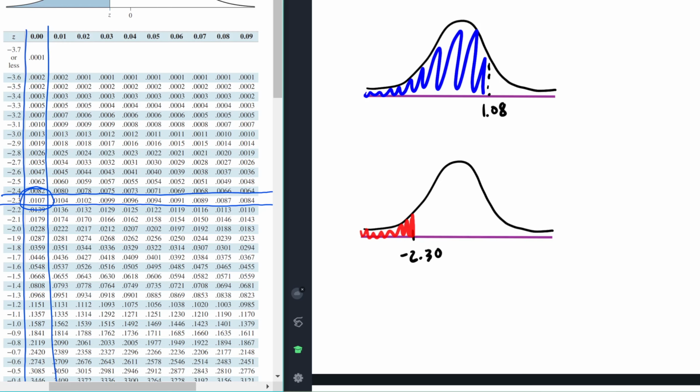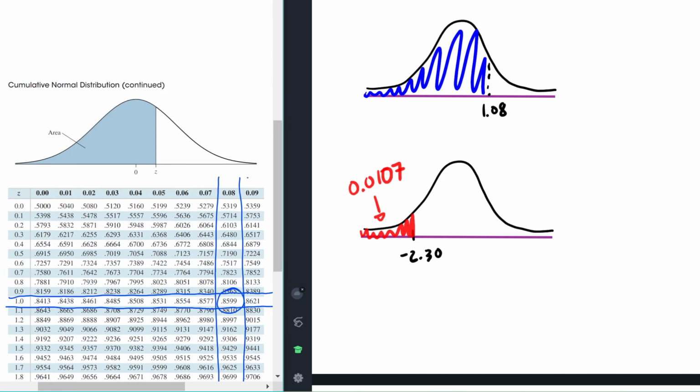Okay. Now looking to the chart, we see the area to the left of negative 2.30 is 0.0107. And then the area to the left of 1.08 is 0.8599.